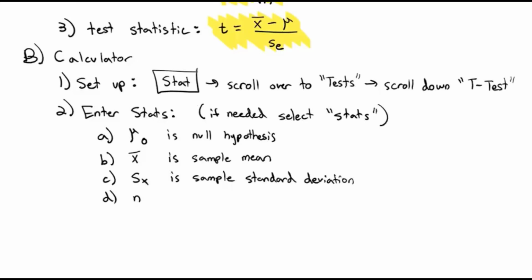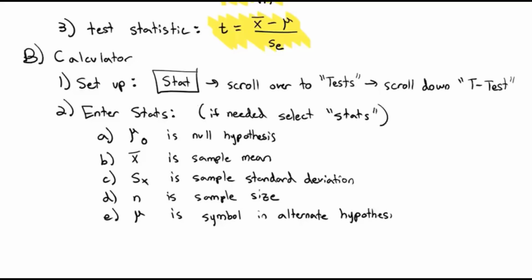Then it'll ask you for n, which is the sample size. We know that one. And finally, it'll ask for mu, which is the symbol in the alternate hypothesis, whether that's less than, greater than, or a not equal to.